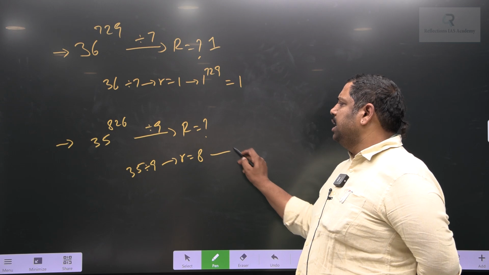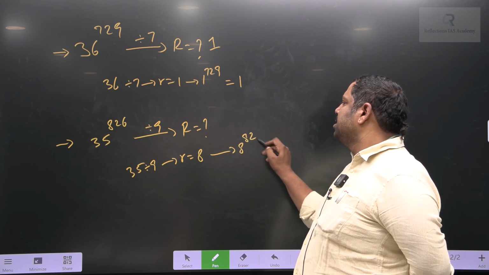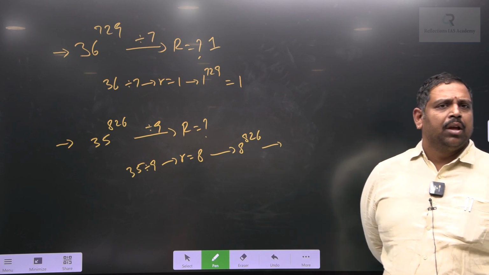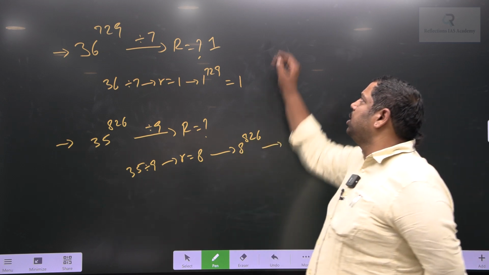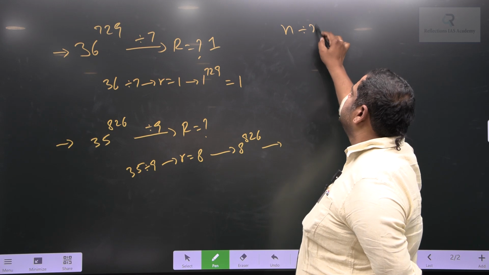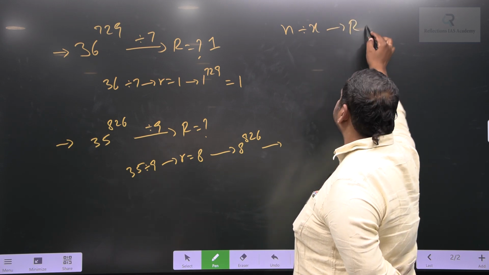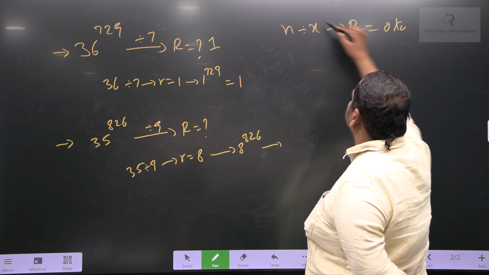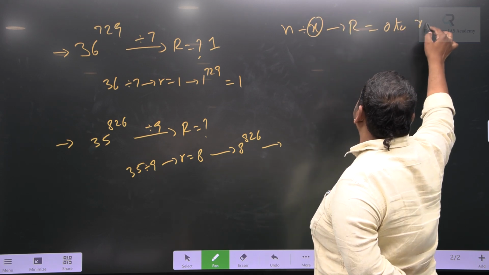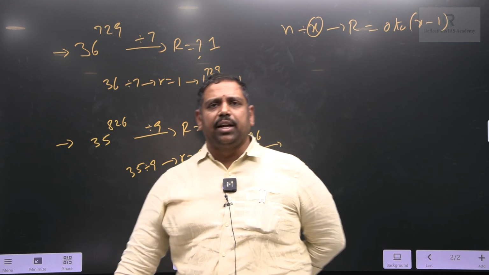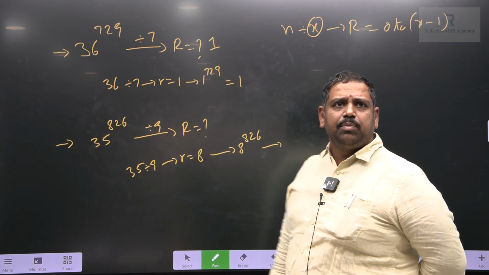So then 8 power 826 I have to take, which is a very big number. Right or wrong? Okay. So when you divide a number with x, the remainders are always from 0 to the divisor minus 1. How much is it? 0 to x minus 1. I am just briefing it. Okay. 0 to x minus 1.